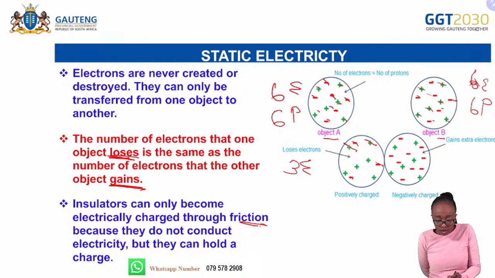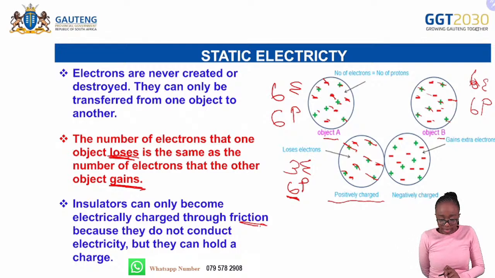And we've got 6 protons. So now what is the overall charge for object A? It is positive because it has more protons than electrons. Protons don't move. Protons are not transferred, they don't leave the nucleus. Only electrons move. So when the electrons move, that's when the charge changes. Now that we've lost electrons, object A has become positively charged.